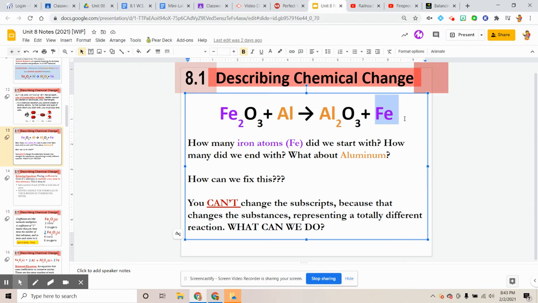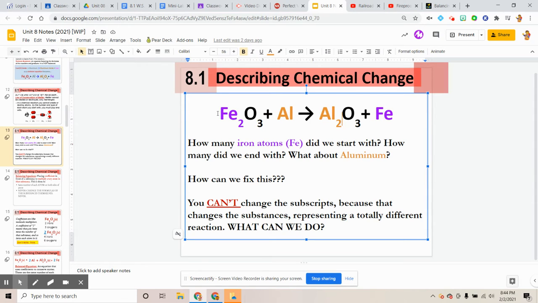We know that's impossible based on the conservation of mass and matter that we learned previously this year. If you start with 2 iron atoms, you have to end with 2 iron atoms. If you start with 1 aluminum atom, you can't end with 2 aluminum atoms. Where did that aluminum come from? It violates the law of conservation of mass and matter.